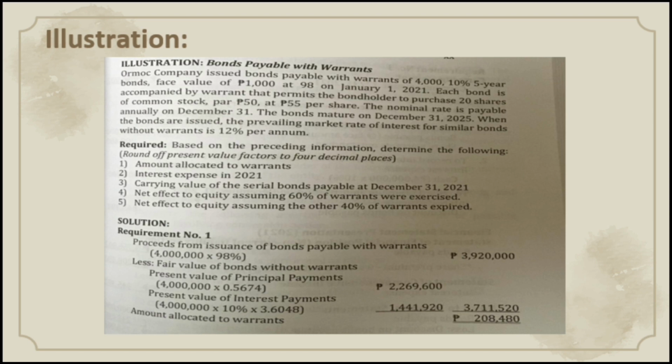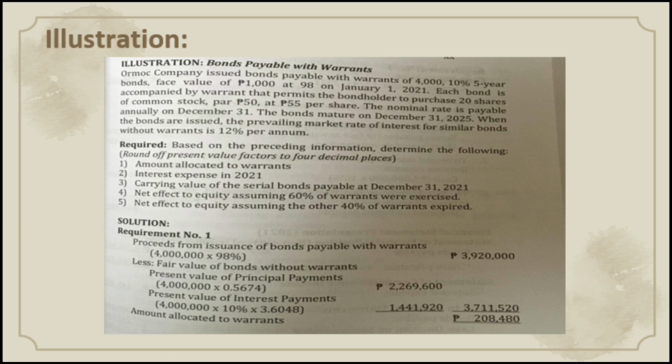So there are 5 requirements, and let us first discuss the first requirement, which is the amount allocated to warrants. Please refer to the book so you can follow the computation. We will use the formula for the appropriate allocation to the warrants. First, we compute the total proceeds, or the total asset. It is stated in the problem that Ormo Company issued bonds payable with warrants of 4,000 with a face value of 1,000 at 98 on January 1, 2021.